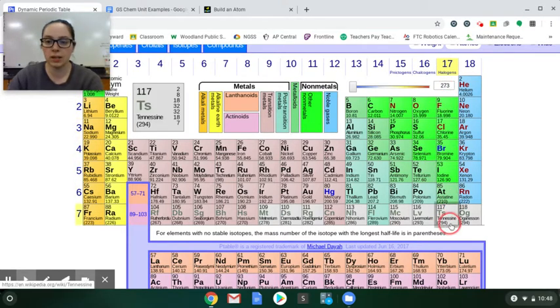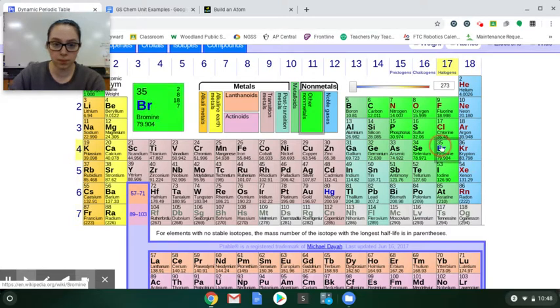Now in this column, I have to look for an atomic mass of 35. Most of you put bromine. Bromine is not correct because bromine has an atomic number of 35. But chlorine, right above it, has an atomic mass of 35.